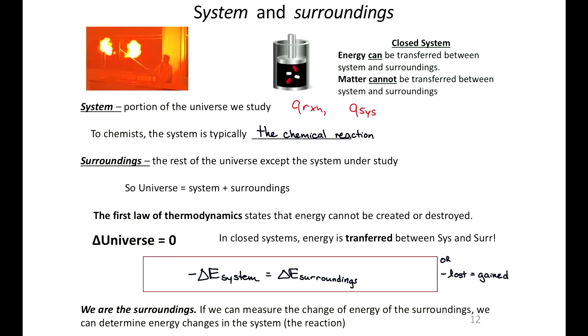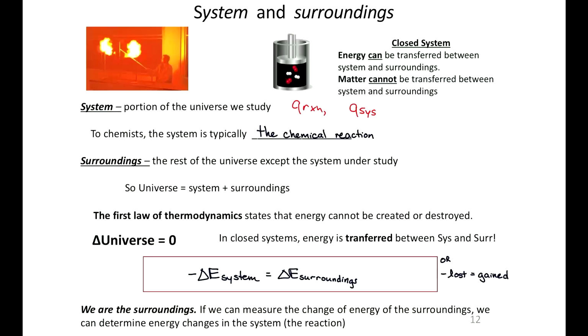So if we put this together with the first law of thermodynamics that says energy cannot be created nor destroyed, what we can say is that energy that is generated in our chemical reaction, in our system, has to be transferred to our surroundings. Again, because the first law of thermodynamics says the energy of the universe always stays constant.